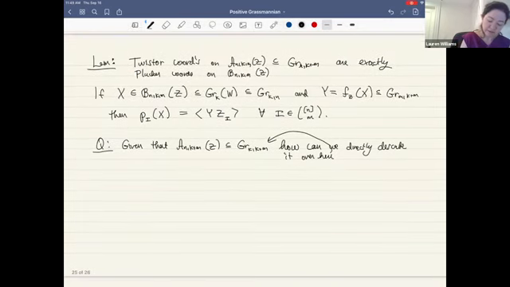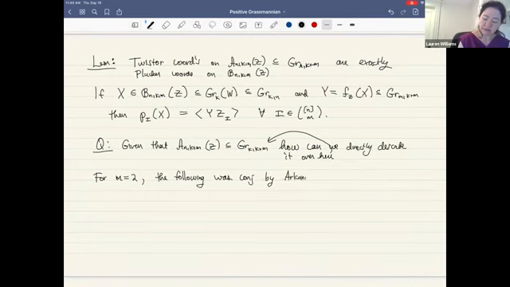This is not understood in general, but for m equals 1, we understand everything. And for m equals 2, the following was conjectured by Arkani-Hamed, Hugh Thomas, and Trnka, and we proved this with Matteo Parisi and Melissa Sherman-Bennett.